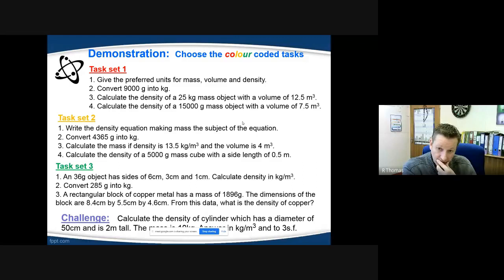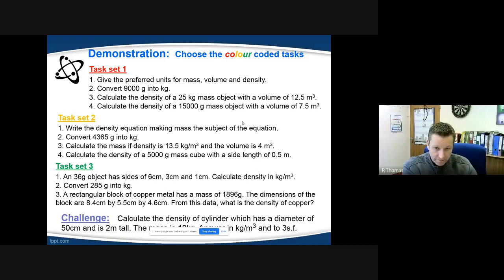So it's 0.5 times 0.5 times 0.5, which is 0.125 meters cubed. So the mass is 5, the volume is 0.125 meters cubed. Mass divided by volume, I believe that would come out as 40 kilograms per meter cubed.